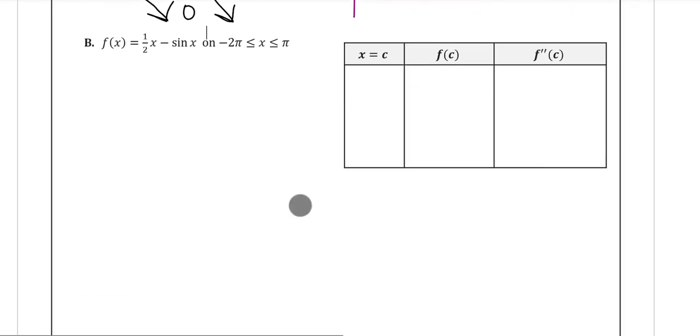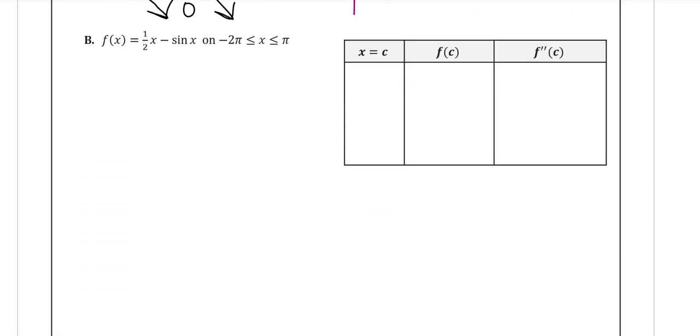All right, next example. Now we're doing the function f of x equals 1/2 x minus sine x, and we're going from negative 2 pi to pi. So we're going to find our first derivative. It's going to be 1/2 minus cosine x, and we're going to set that equal to 0.